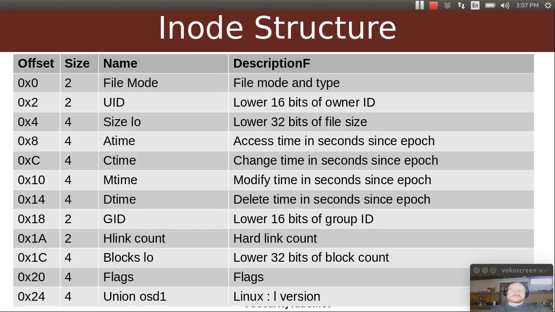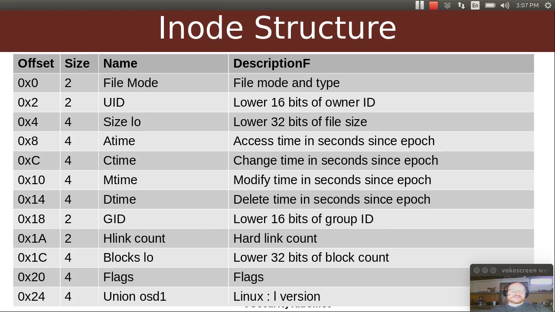So what does this inode look like anyway? It has all kinds of information in there. It starts out with a file mode, then the user ID that owns it, its size, its access, change, modify, and delete times if it's been deleted, its group ID, its hard link count.